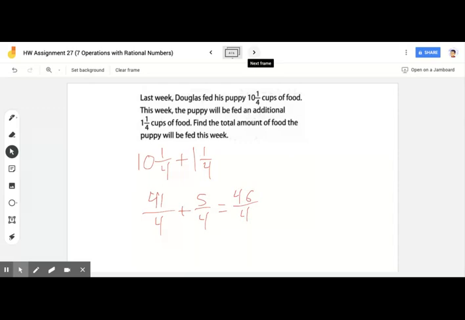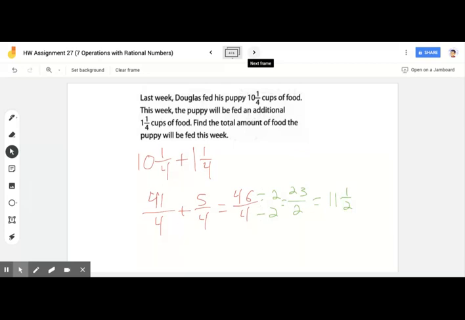I'm going to simplify it first before I do anything else. Divide top and bottom by 2. We get 23 over 2, which is actually, just like I said, 11 1/2. So let's see what our sentence is going to be. Find the total amount of food the puppy will be fed this week.